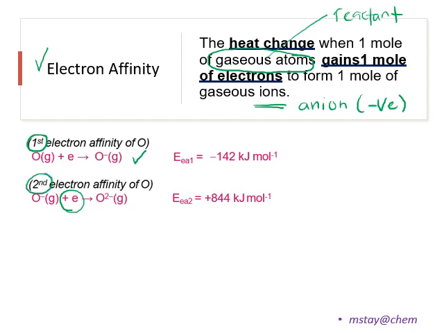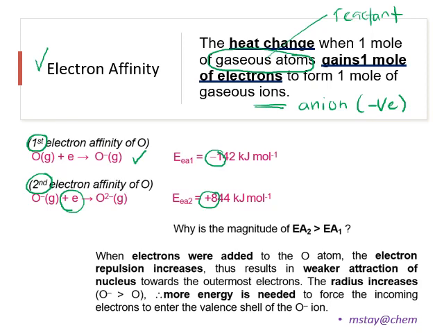We will notice that normally the first electron affinity is negative, meaning heat is released, while the second electron affinity, the third electron affinity, and so on will always be positive values, which means we need to absorb energy. So why is the magnitude of EA2 greater than EA1?